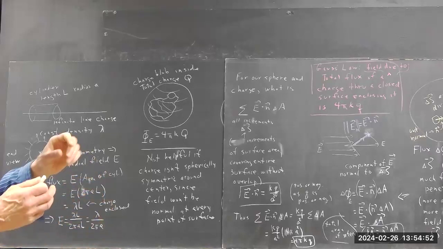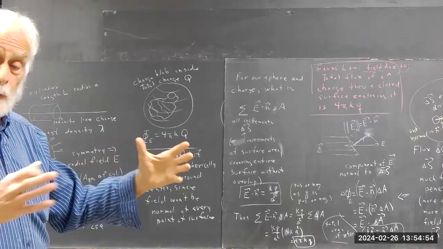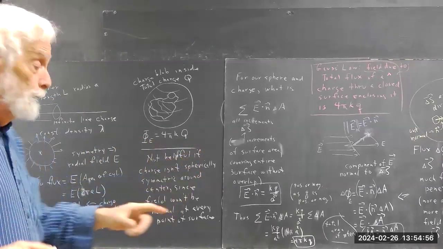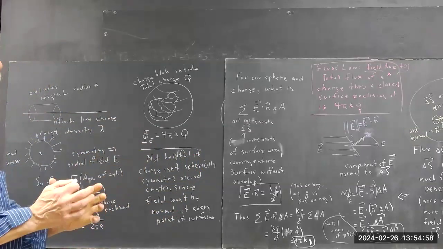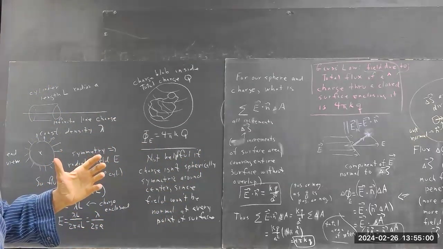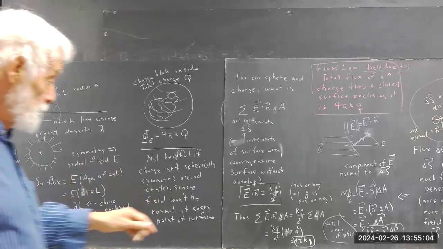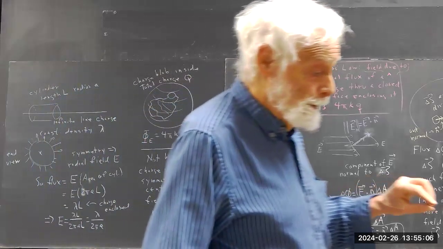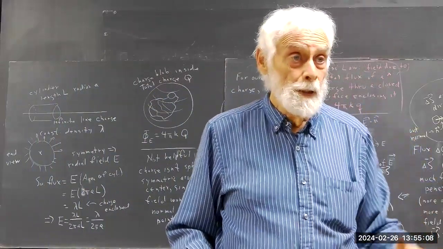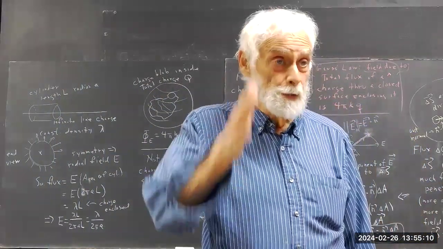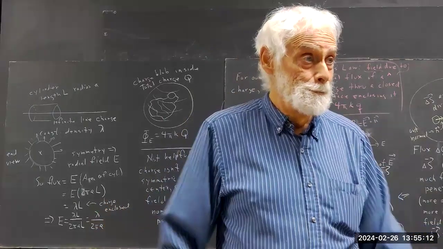So the field of a point charge falls off as the square of your distance, while the field of an infinite line charge falls off just proportional to your distance. It's going to turn out, in a very simple argument that you're probably going to read, I hope you read it, we'll talk about it next time, that if you have an infinite plane charge, it doesn't fall off at all.